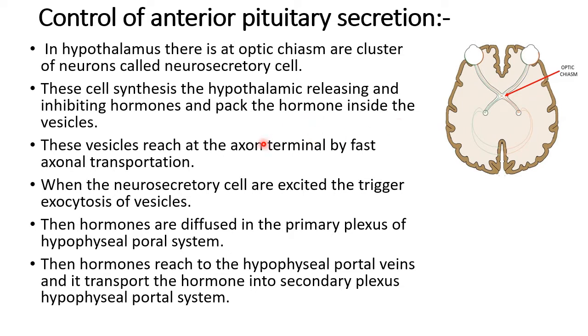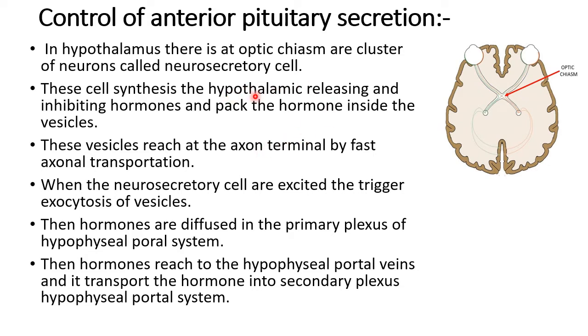So, the hypothalamic inhibitory and releasing hormones. The hypothalamic releasing hormones are growth hormone releasing hormone, thyrotropin releasing hormone, corticotropin releasing hormone, prolactin releasing hormone, and gonadotropin releasing hormone.